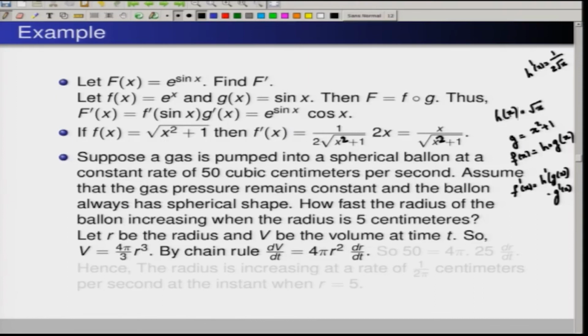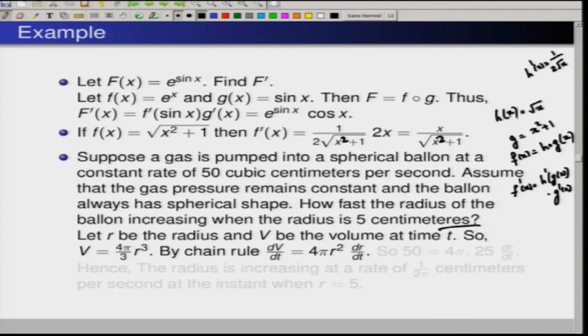Now, the question is: how fast is the radius of the balloon increasing when the radius is 5 centimeters? Let us take r as the radius and v as the volume at time t.